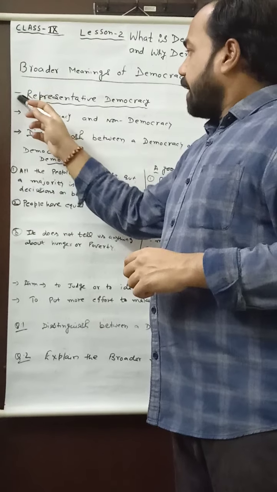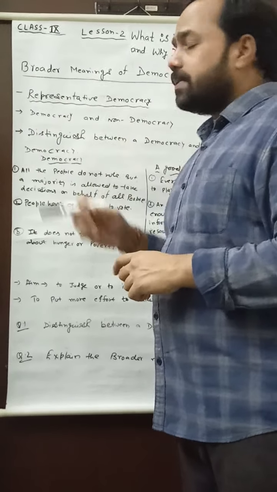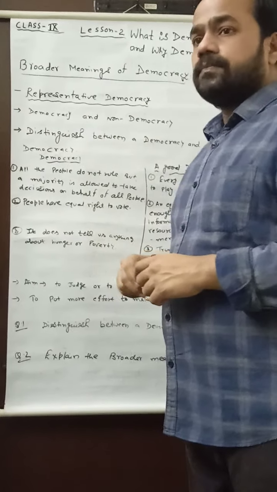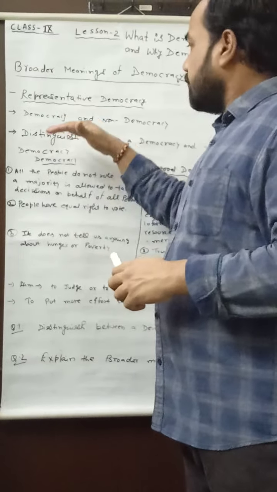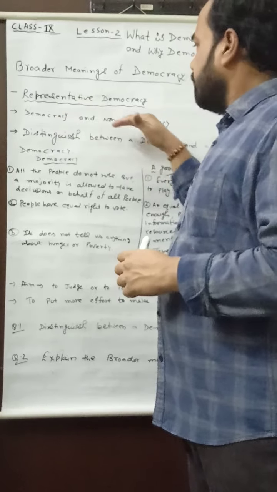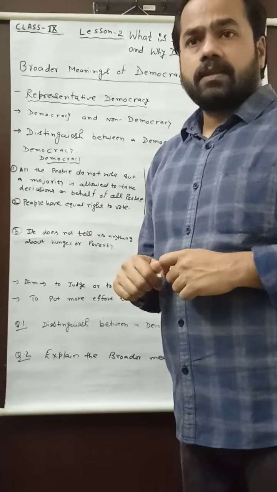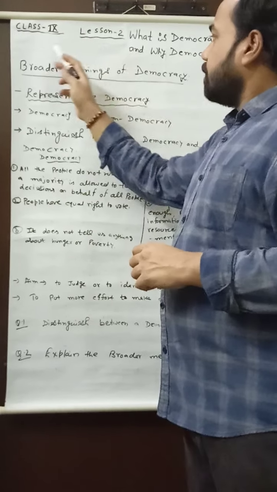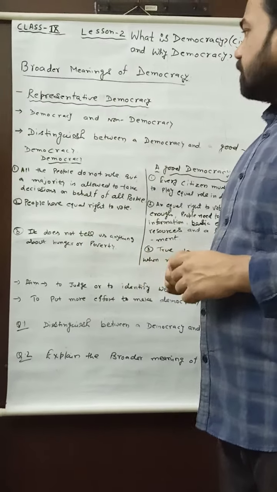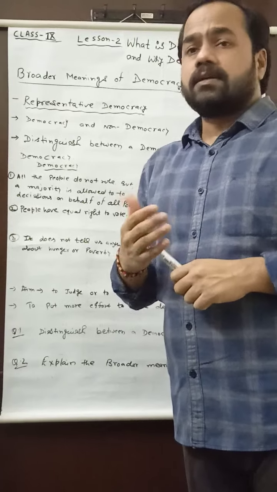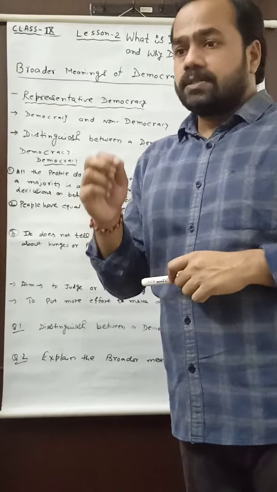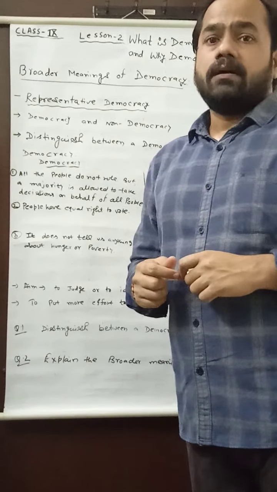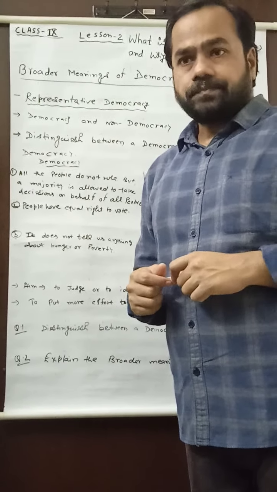Now, this explanation about representative democracy will define the difference between democracy and non-democracy. But when we see this topic, broader meanings of democracy, then we ask a question. What is the difference between a democracy and a good democracy?